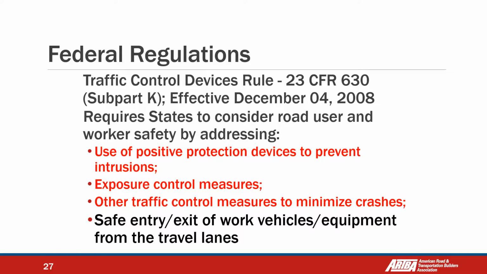We have to provide exposure control measures. For example, if we can deviate or move the traffic from the work zone to another area to prevent traffic in general in the area where we are working, that would be great. Or we can provide other traffic control measures to minimize crashes.